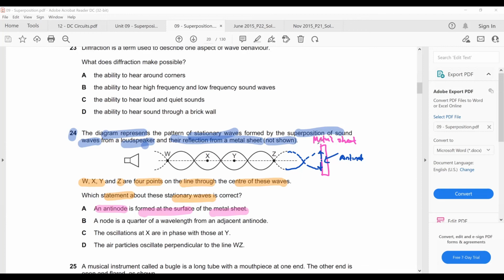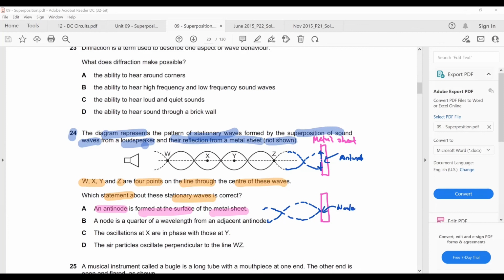If let's just say you have a node at the surface of the metal, it will actually look like this. If it's a node, you will get something like this. In terms of looking at the pattern, this one will be your node.